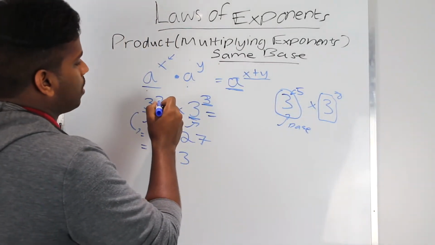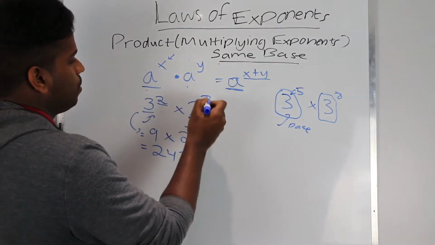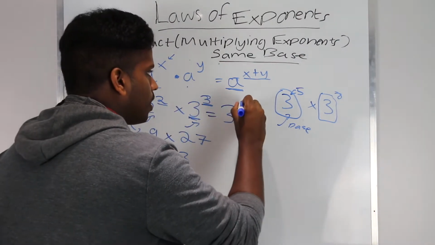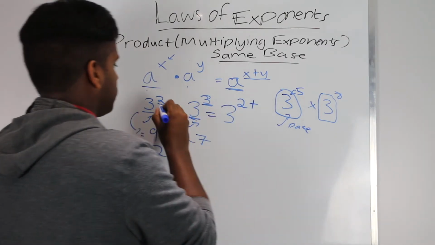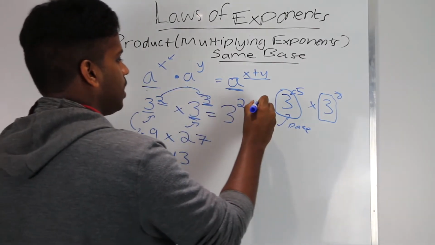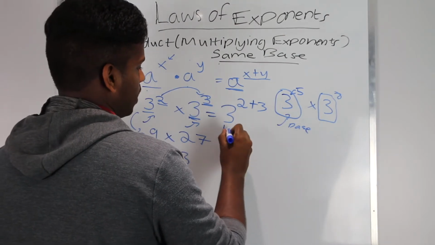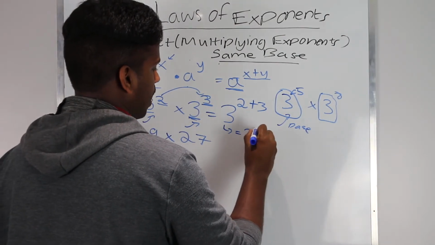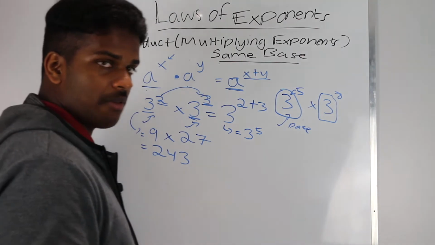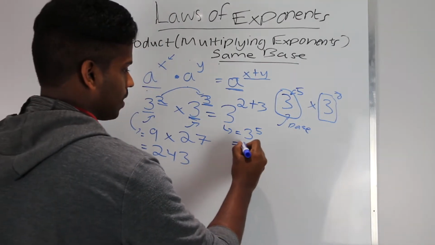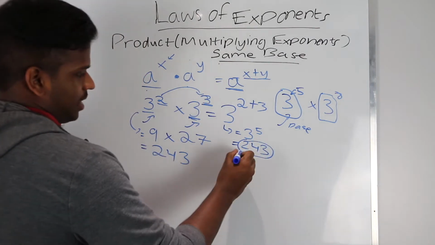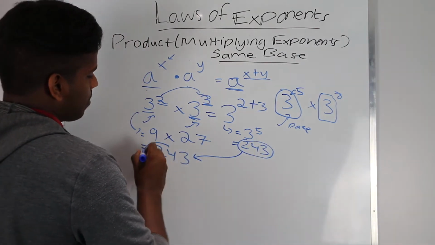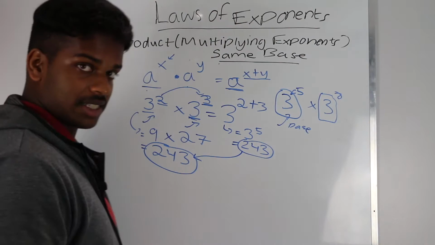So what are the exponents? 2 plus 3. The base remains the same, 3 to the power of 2 plus 3, so we get 3 to the power of 5. And 3 to the power of 5 will give you 243. And if you look here, you get 243 as well. See how that works?